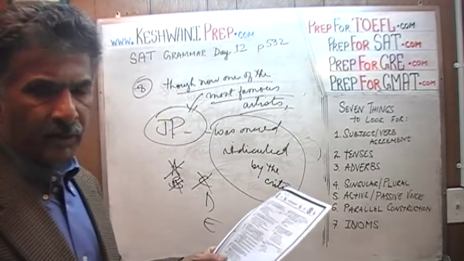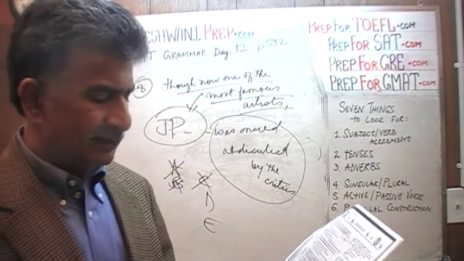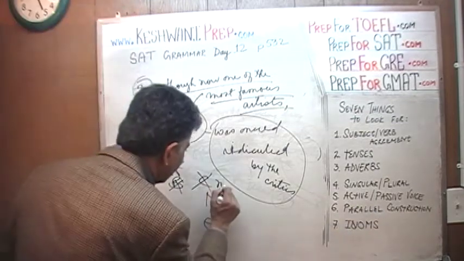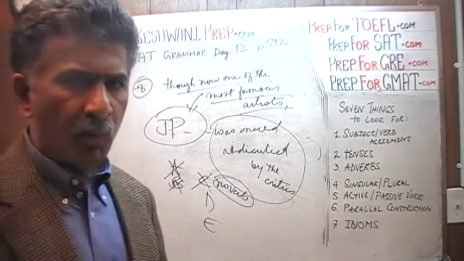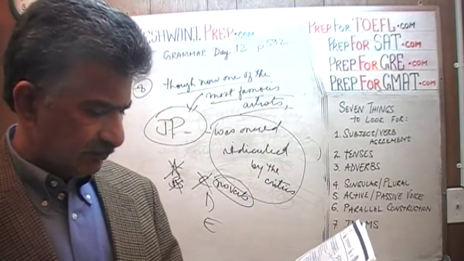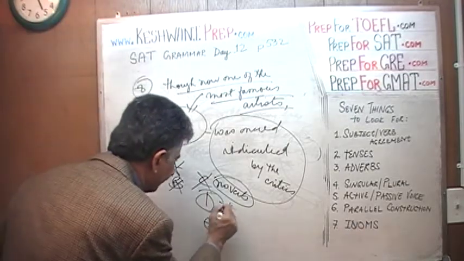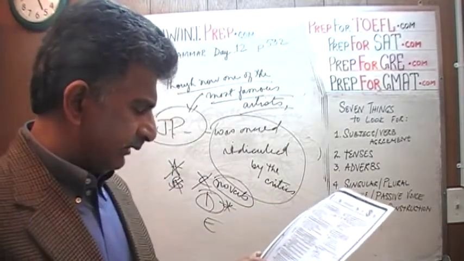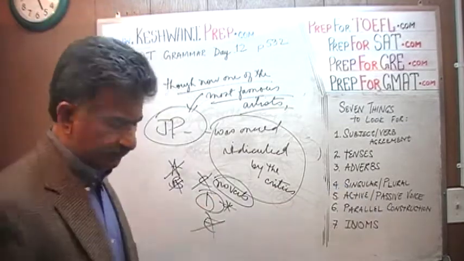C has no verb in it. We need the word was. D says Jackson Pollock was once ridiculed by critics. There you go. D is the answer. And E says having once been ridiculed. That's ridiculous. The answer is D.